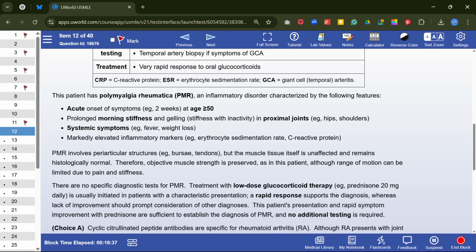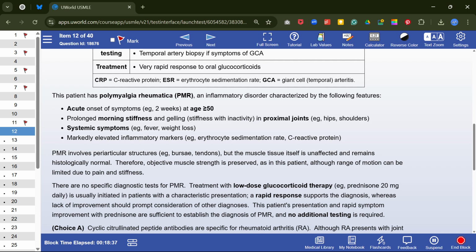So this patient has polymyalgia rheumatica, PMR, an inflammatory disorder characterized by the following features: acute onset of symptoms over more than 2 weeks, age more than 50, prolonged morning stiffness and stiffness with inactivity in proximal joints, and markedly elevated inflammatory markers, ESR or CRP.